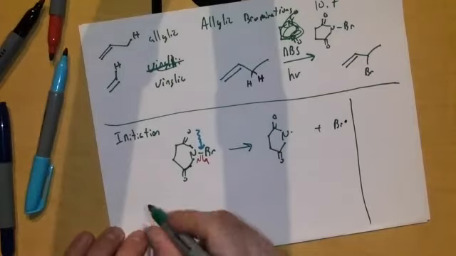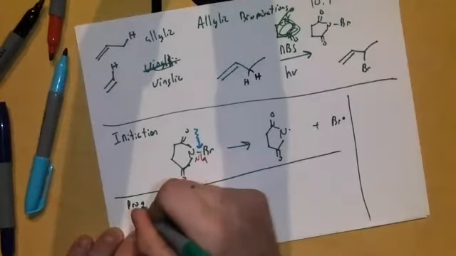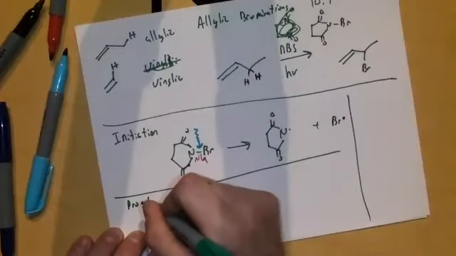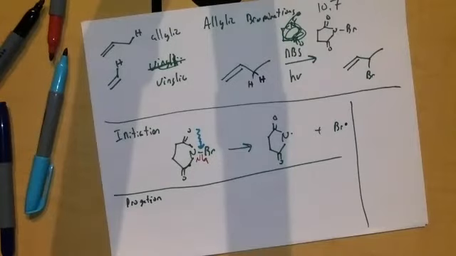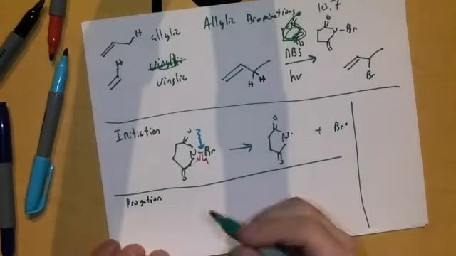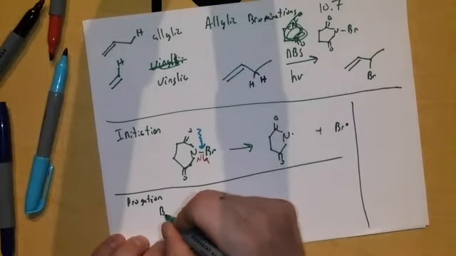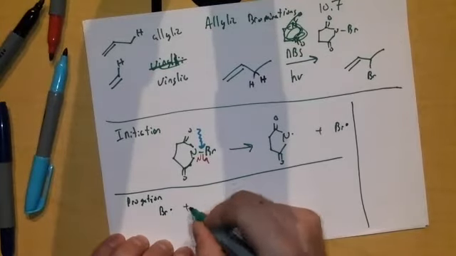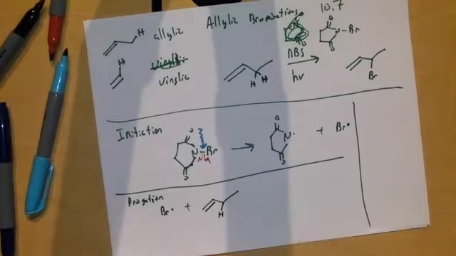Our propagation is going to be a little bit interesting. I'm going to do the one that the book goes through for simplicity. So our first step is going to be Br radical interacting with our alkene, pulling off a hydrogen here.